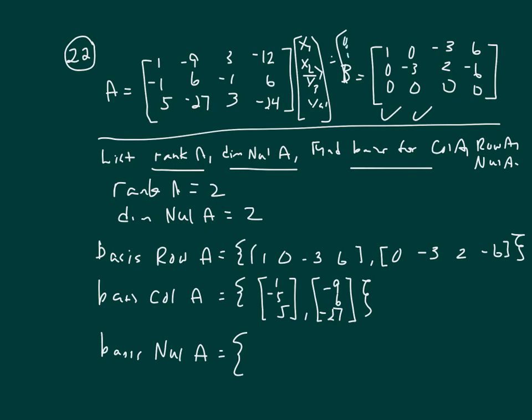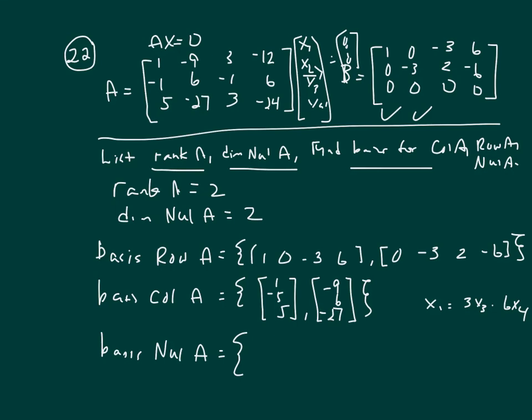So we're looking for solutions of Ax equals 0. And so what values of x satisfy that relationship is what we're asking. And so if we were to reduce it with a column of zeros, what we get is x1 is equal to 3x3 minus 6x4.